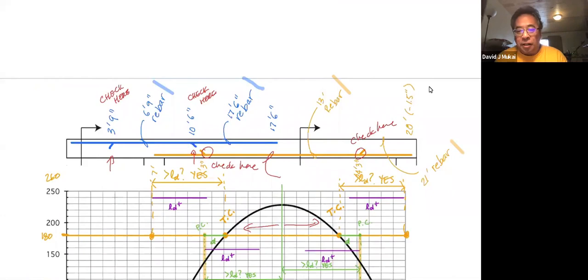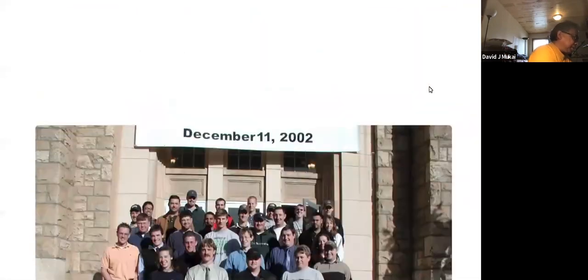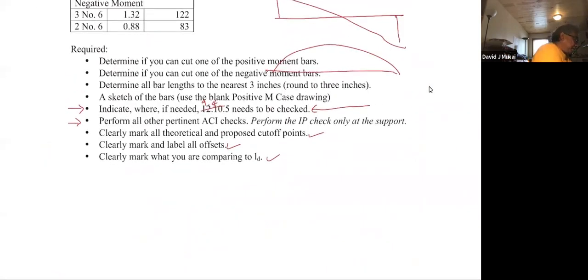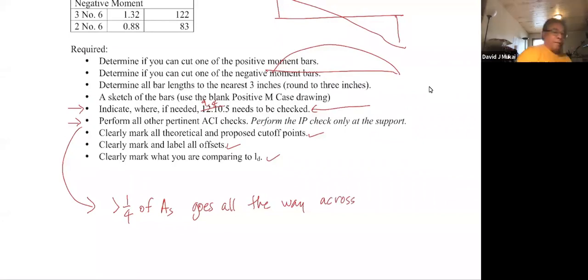Two-thirds of the bars are going all the way across. So you say, well, I guess you got to write it over here. So that's the check.